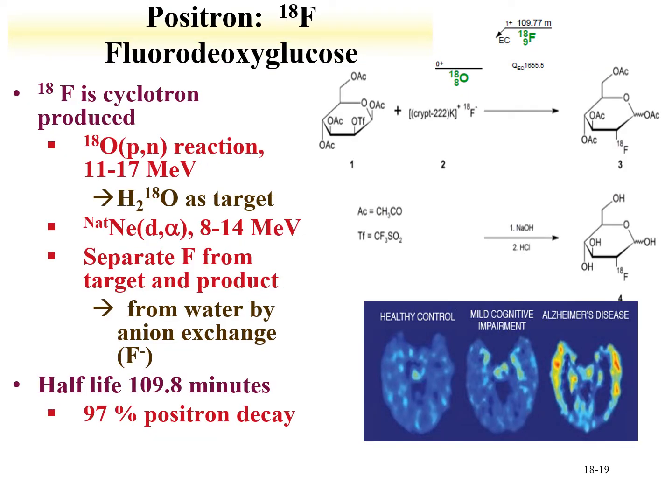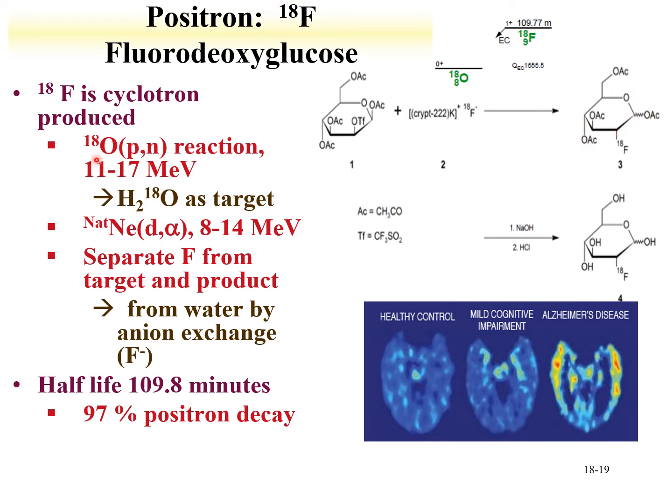An example of a positron emitter is fluorine-18, which is one of the largest used positron emitting isotopes. An example here is combining the fluorine-18 onto glucose to evaluate brain behavior.